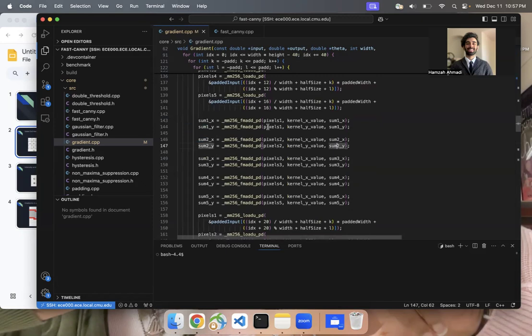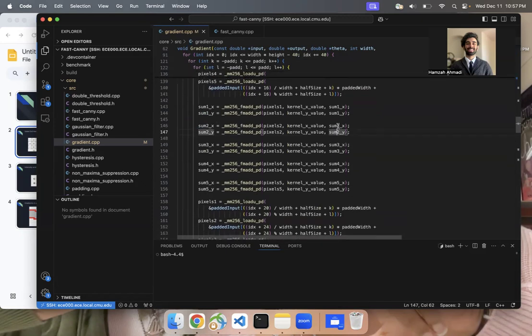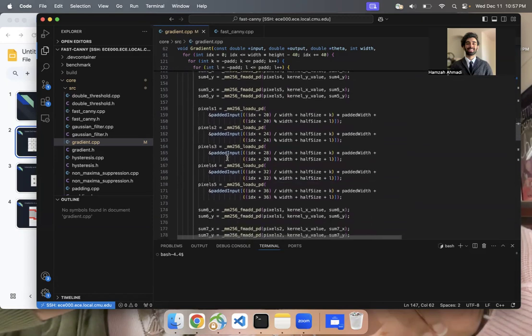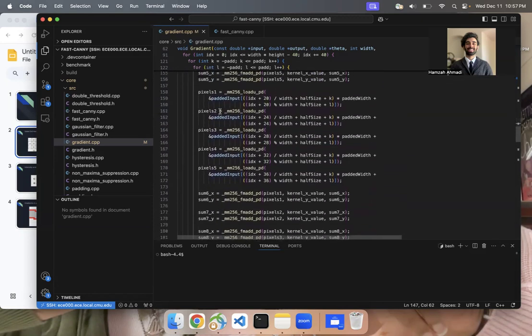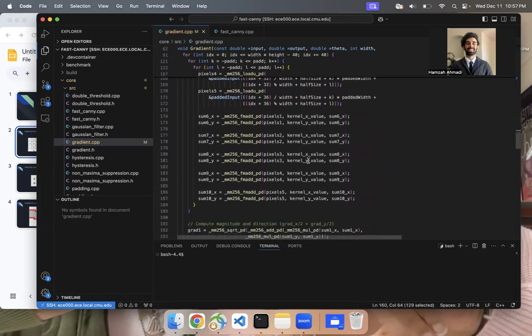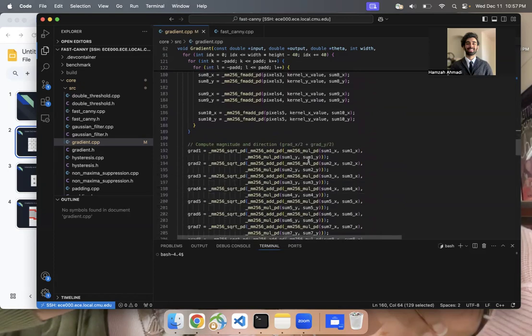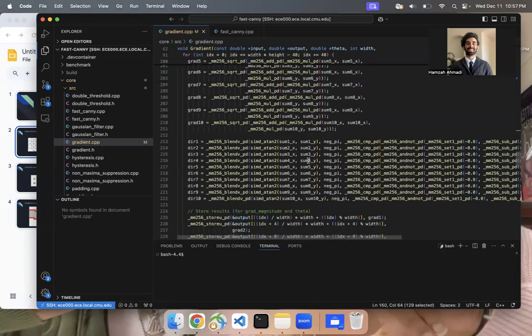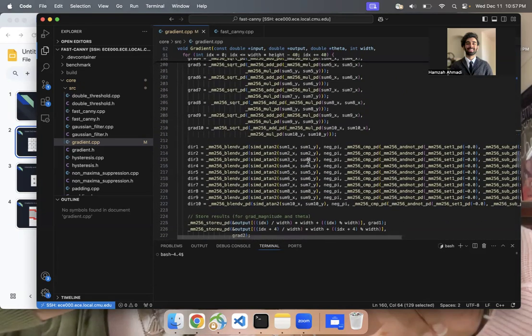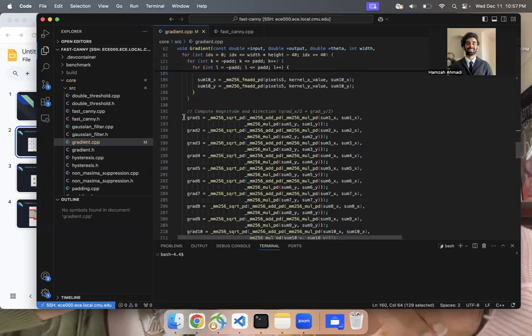We use an FMA (fused multiply-add) instruction intrinsic for each pixel and store that in sum, and then we compute the pixel by indexing right here. After we get the gradient for each direction for each pixel, we apply the equation right here.